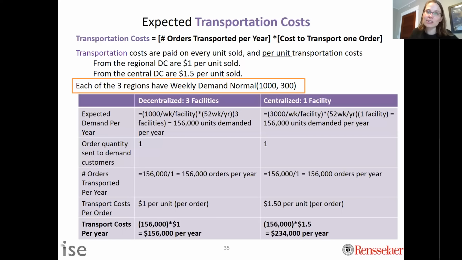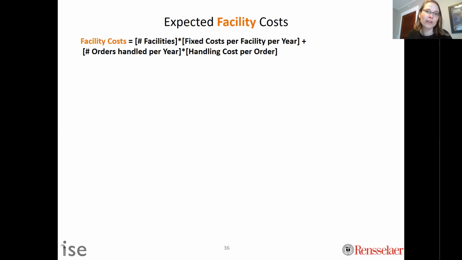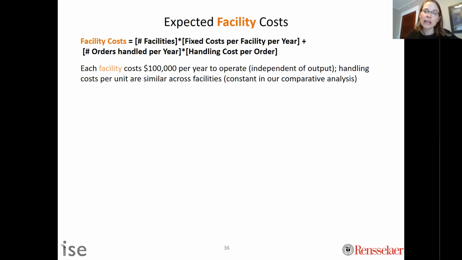All right, so that's the first two costs. The third cost is facility cost. And this is usually relatively straightforward. The facility costs are the number of facilities times fixed costs plus the variable costs at each of these facilities. As a reminder, for the data for this problem, each facility costs $100,000 per year to operate independent of output, and our handling costs are the same, and so we can ignore the variable part of this equation from a comparative analysis perspective.